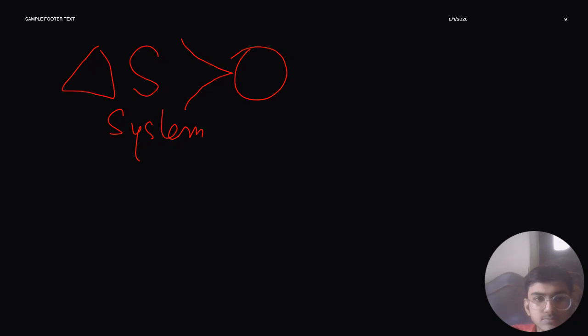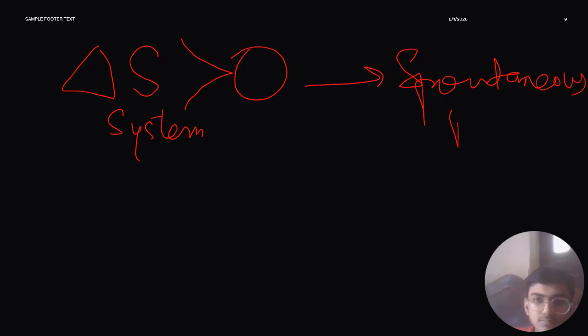Okay, so if the change in entropy is positive for a system, then you can say that it is a spontaneous process. Spontaneous process.